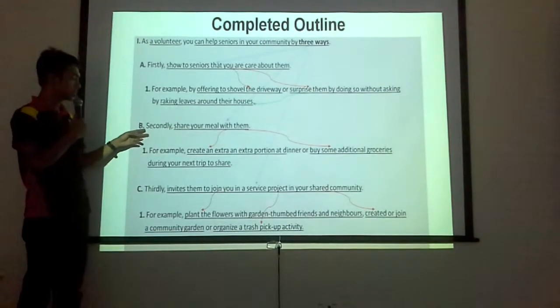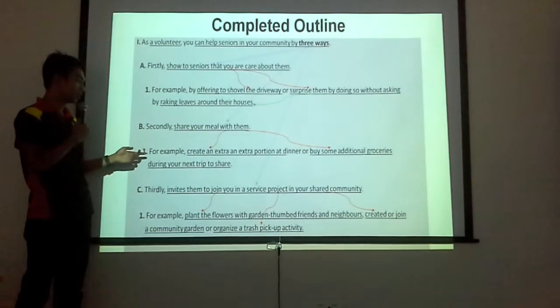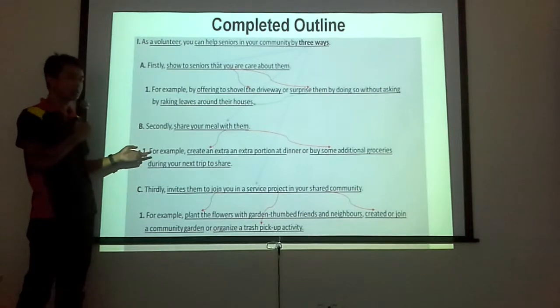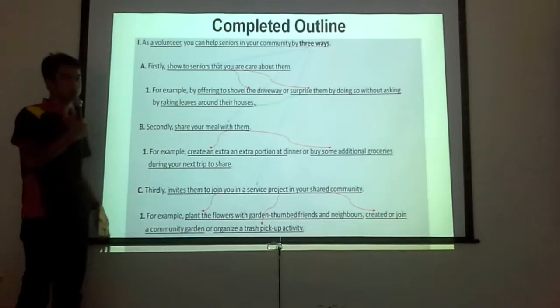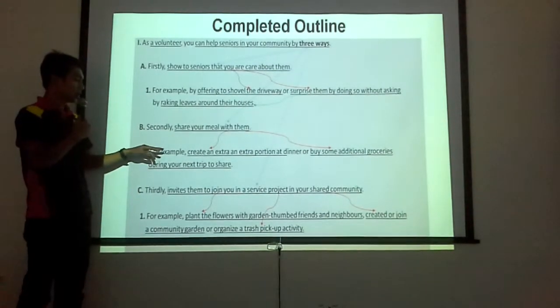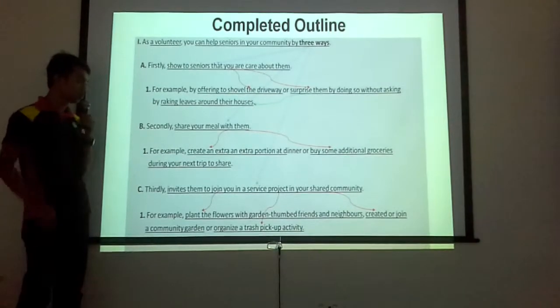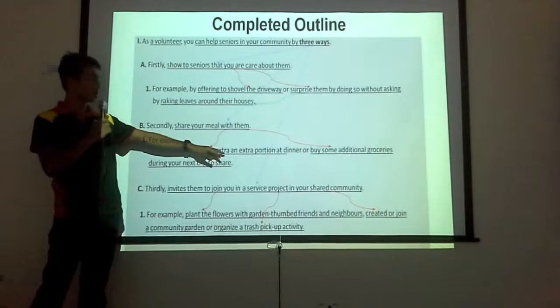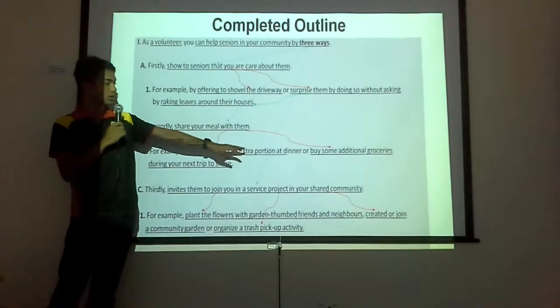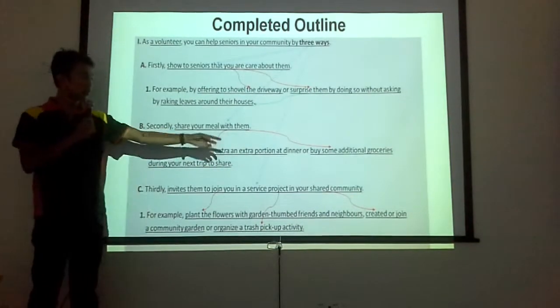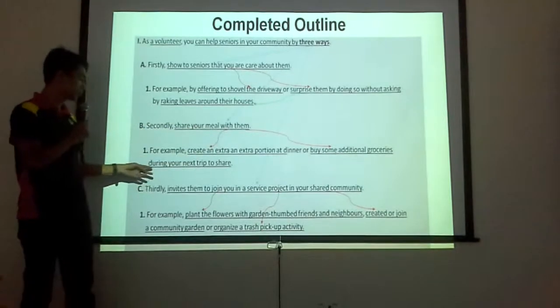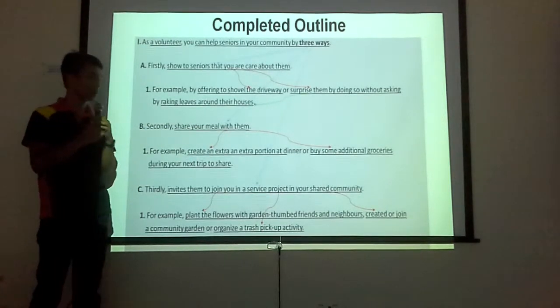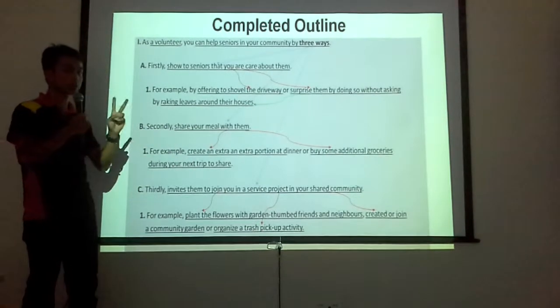For the second supporting point, I have one sub-supporting point. Actually, I can make two sub-supporting points. One, create an extra portion at dinner. Two, buy some additional groceries during your next trip to share.